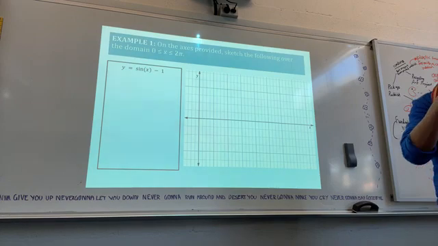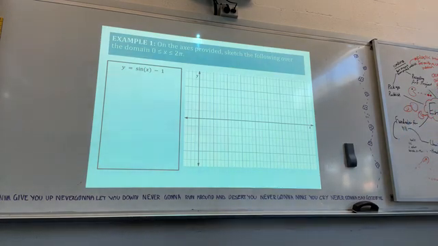So start off by labeling the graph: pi, 2 pi. Let's say this is 1 and this is minus 1.